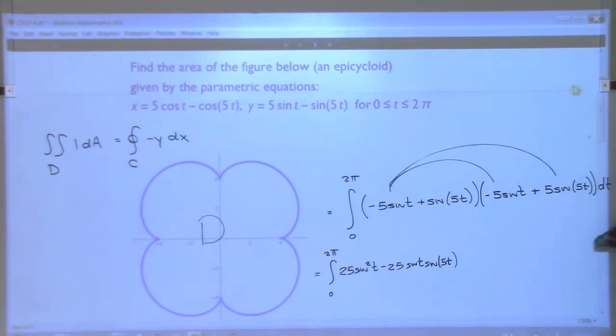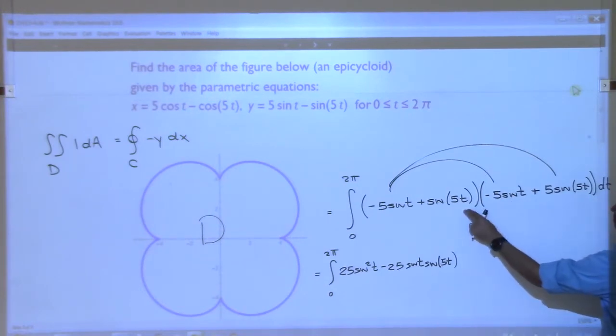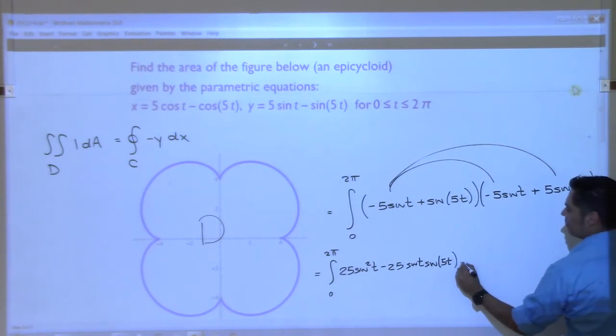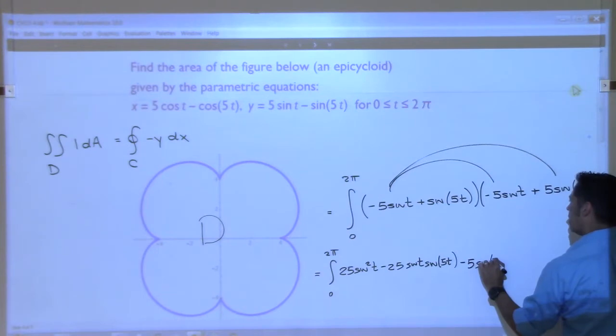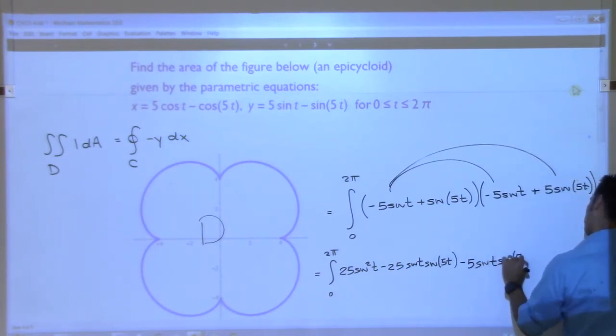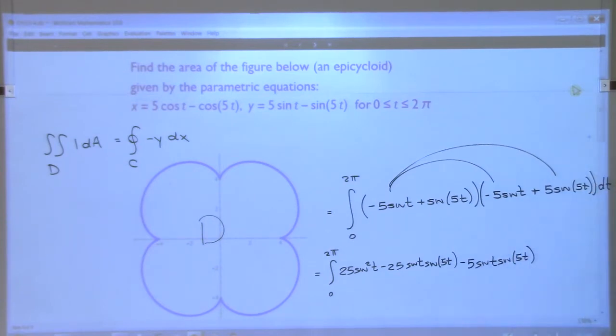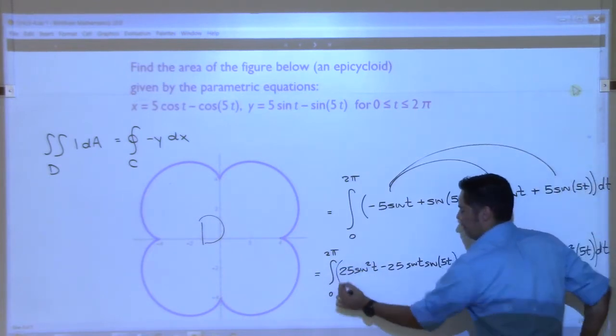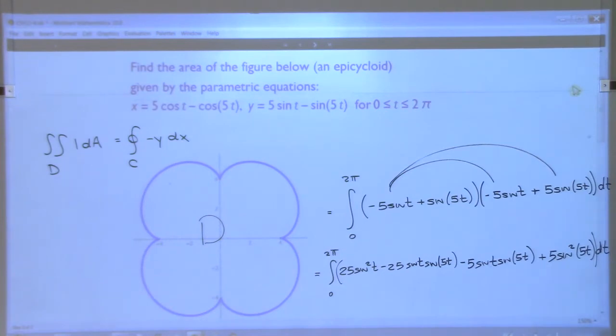And then the middle one, is it the same thing? No, it's minus 5. So minus 30, it's 5 sine 5t, sine t sine 5t. And then our last one is plus 5 sine squared 5t dt. Yeah, and that middle one will become negative 30, right?